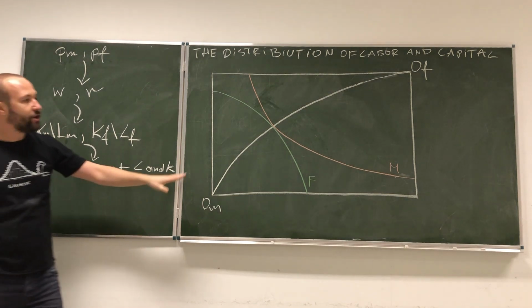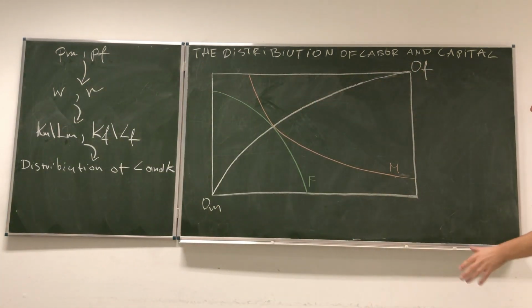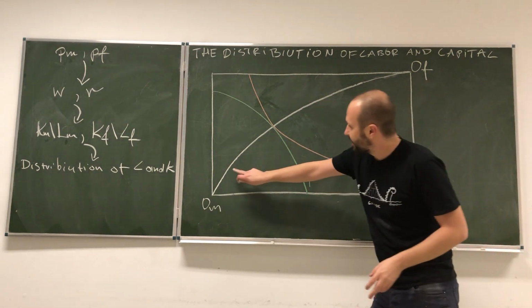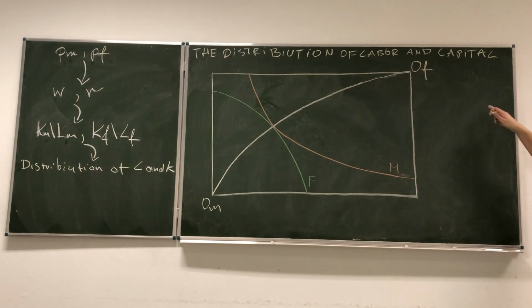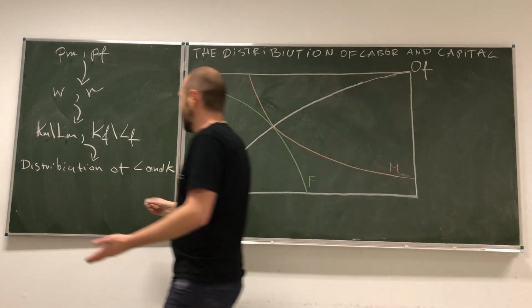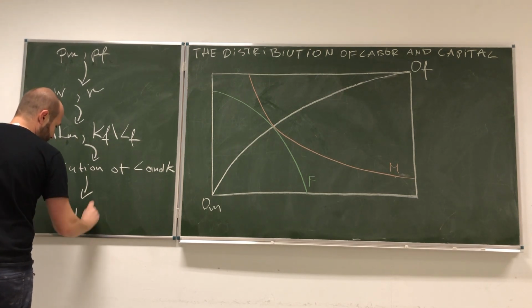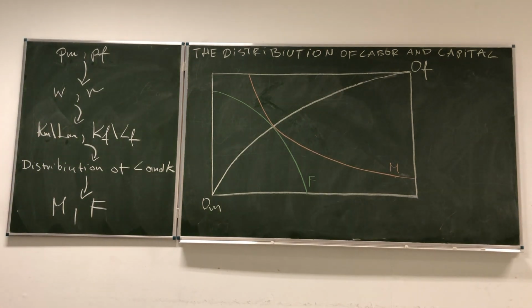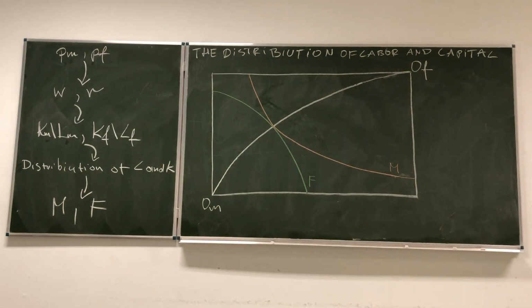And look, if we know the distribution of capital and labor between two sectors, so we are able to locate a point on a contract curve, we will find the level of production of manufacturers and food. Okay, so I already put this on the graph. What are we missing actually here?